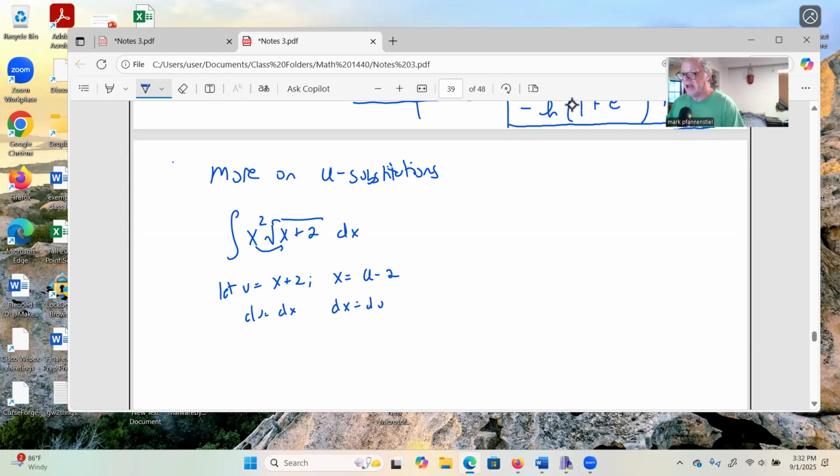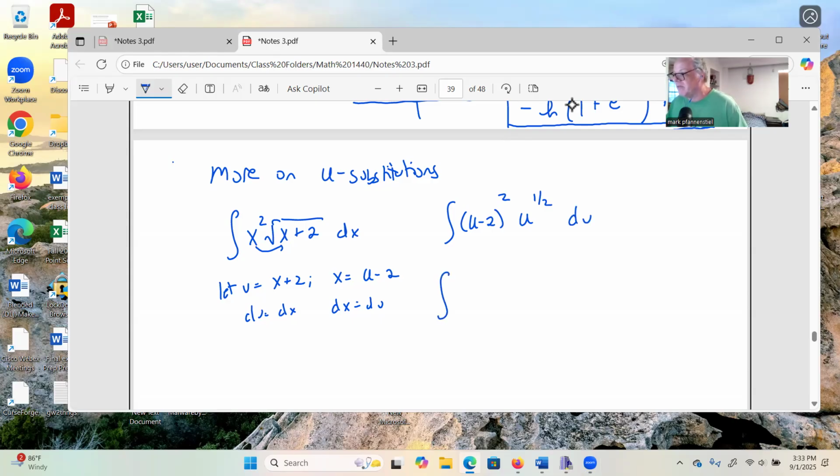So now when I go through to do my substitution, we've got integral of x is now u minus 2 squared times the square root of u plus 2, or x plus 2. So x plus 2 goes back to u. Now I've got a little bit more I can deal with. I can actually multiply this u minus 2 out. I'm going to say that dx was du.